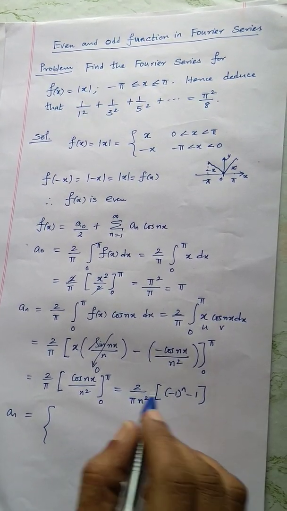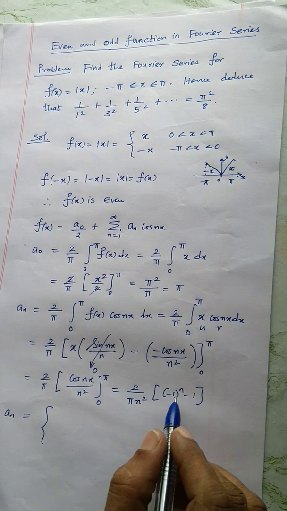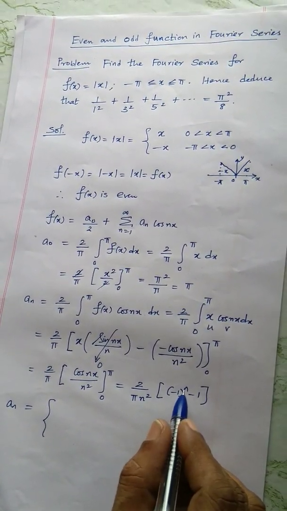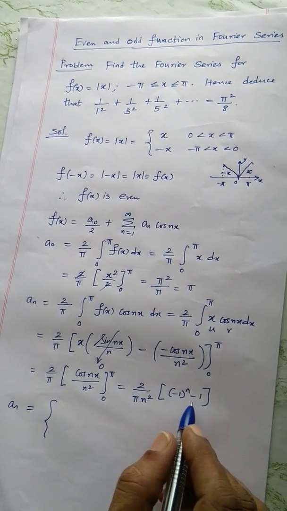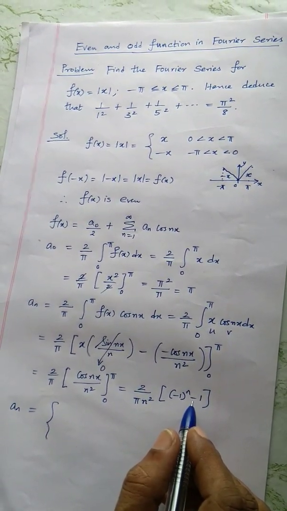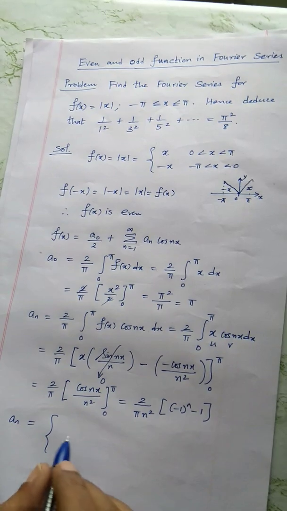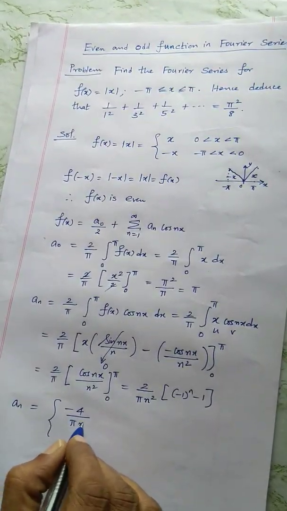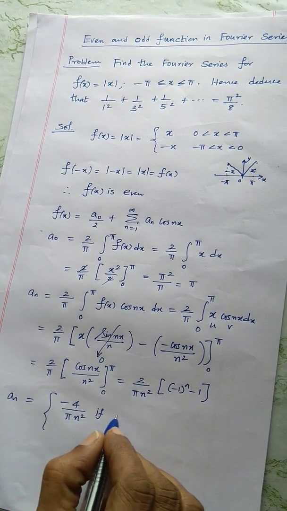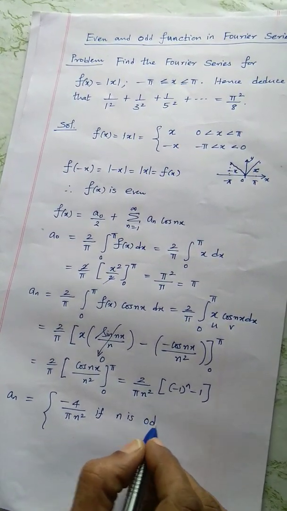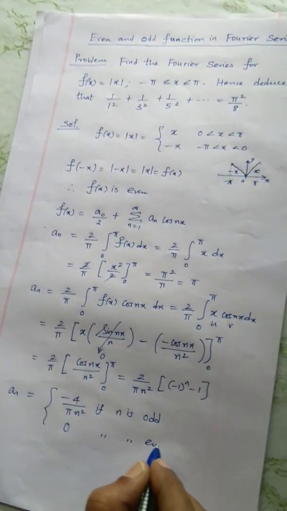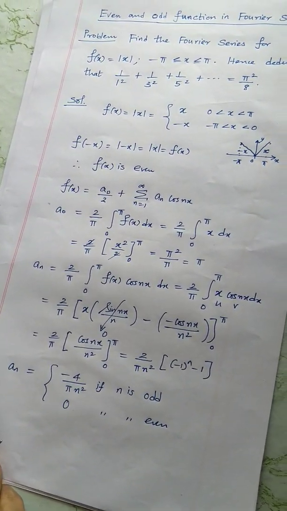So you get minus 4 put together in the numerator. If I give n equal to 2, this term is minus 1 whole square minus 1, which is 0. So for all odd values, this bracketed expression is minus 2, so an is minus 4 by pi n square if n is odd. For all even values, an is 0.